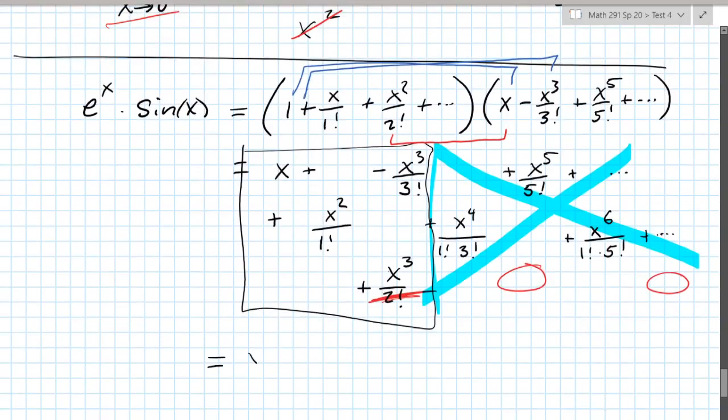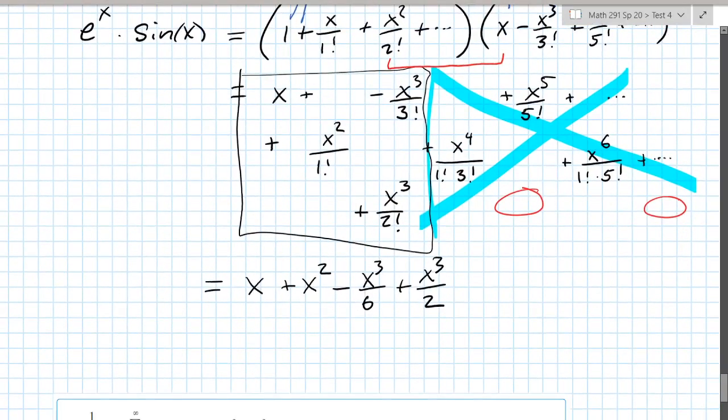So what do we have? We have x plus x squared over 2 factorial, and 2 factorial is just 2. 3 factorial is 6. So minus x cubed over 6 plus x cubed over 2. So you get your common denominator there, and I guess that'd be sixths.